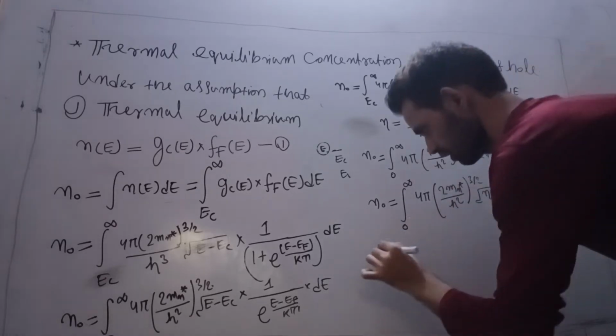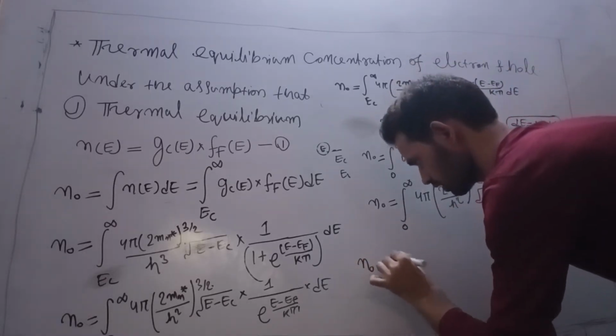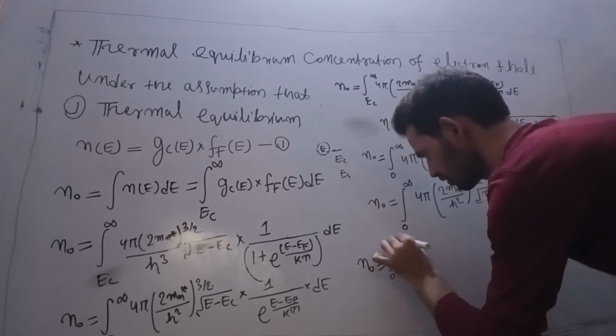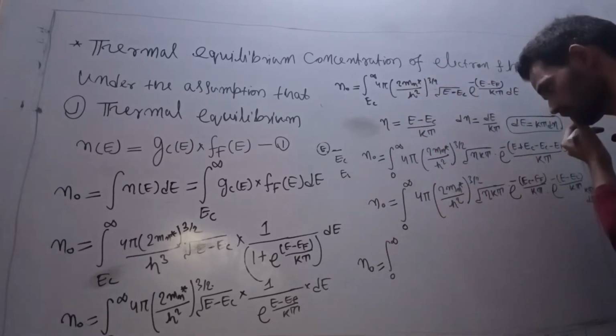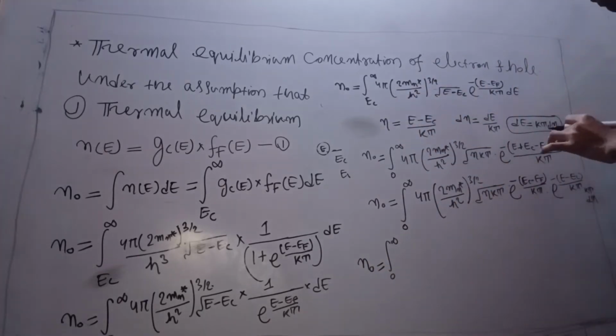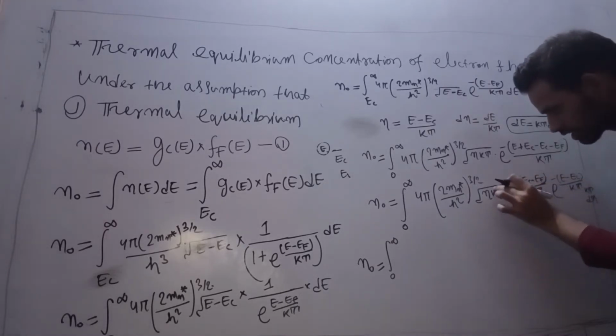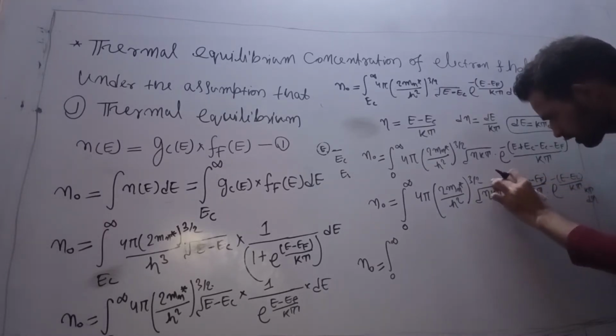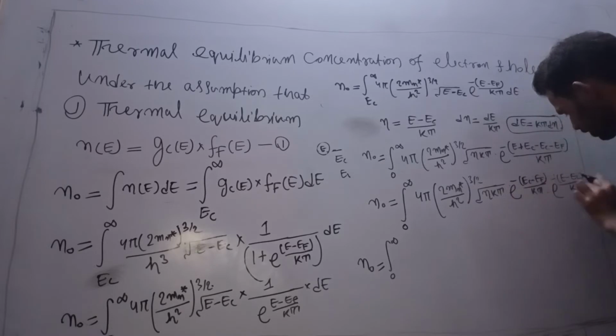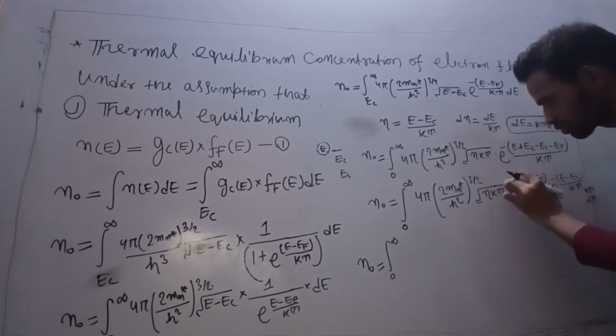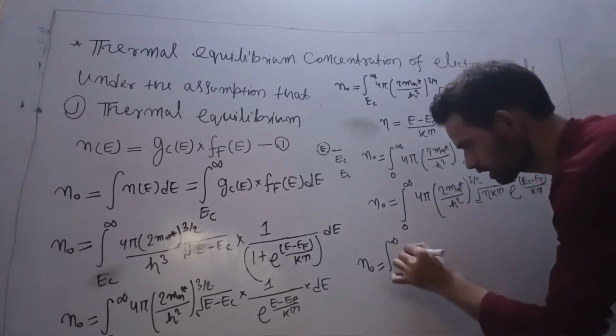Okay, so now see here, n naught is equal to what? Integration 0 to infinity. Now what we will do here, see here, kt, root kt. Okay, this is root kt, this is kt. Root kt into kt is nothing but kt to the power 3 by 2.